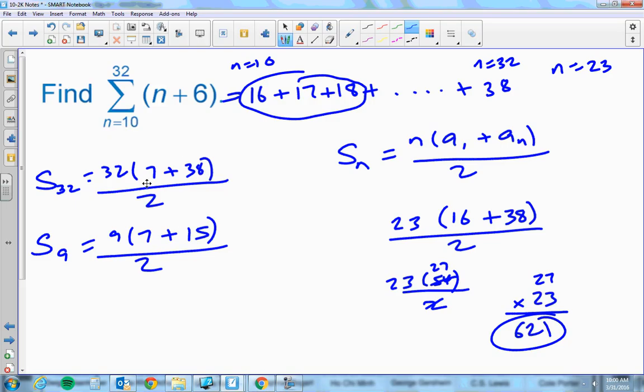Find the sum of all 32, find the sum of the 9 you don't want, subtract those two, and you'll have 621. So it's slower, but there's no pitfalls. Here, the shortcut I showed you, there's a good chance you're going to use 22 and get the wrong answer. You get the wrong answer faster, but you're wrong. So be careful, okay? So there's your two options in that problem.